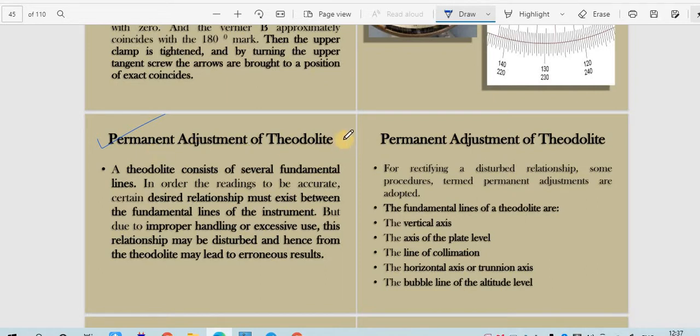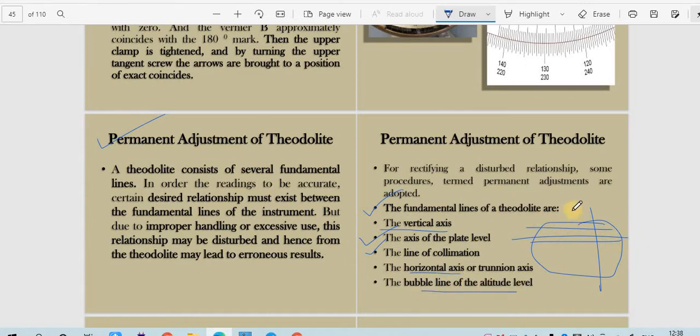So how will you understand whether you have to perform permanent adjustment or not? For that, you have to understand the desired relationship between the various axes of your theodolite. The fundamental lines provided in your theodolite are: the vertical axis, along which your telescope revolves in the horizontal plane; the axis of the plate level; the line of collimation, which passes through the center of the object glass and the center of the eyepiece; the horizontal axis; and the bubble line.